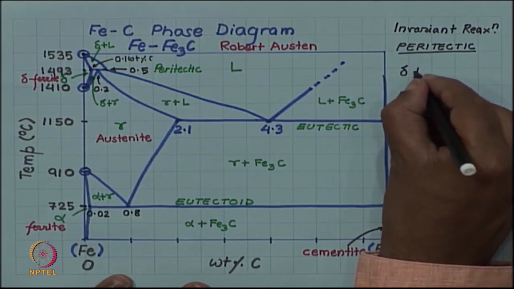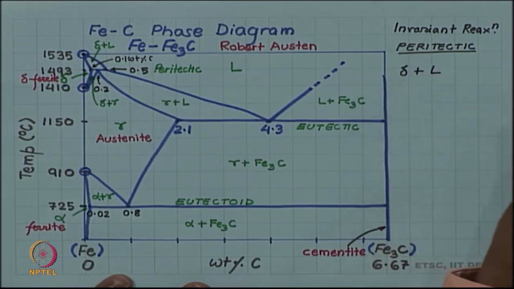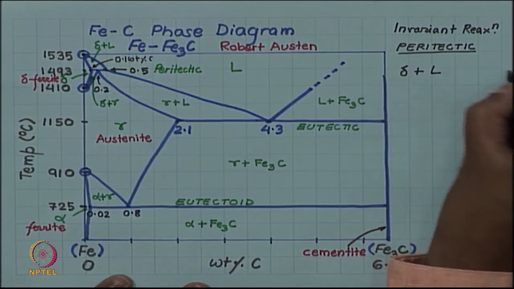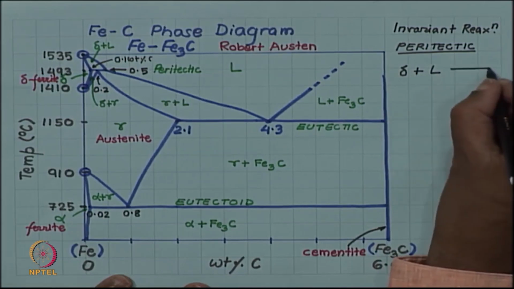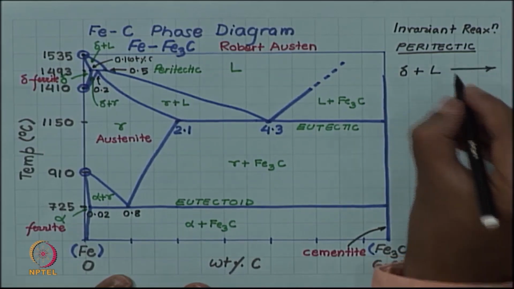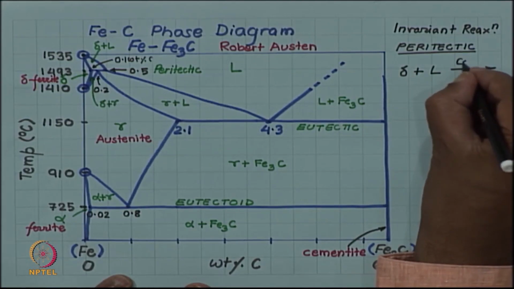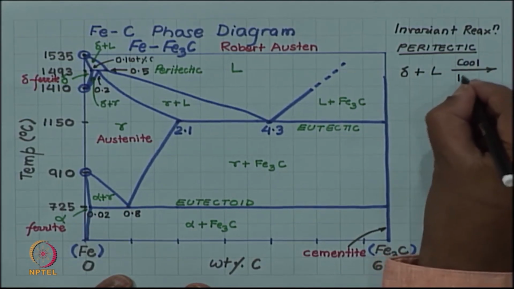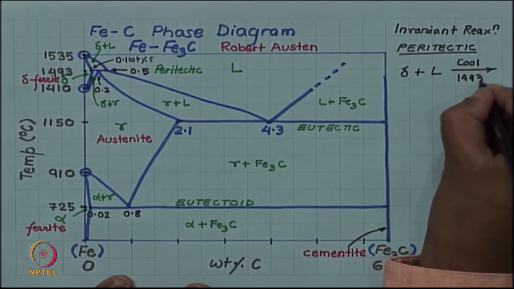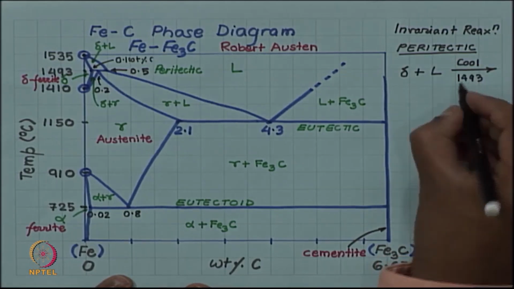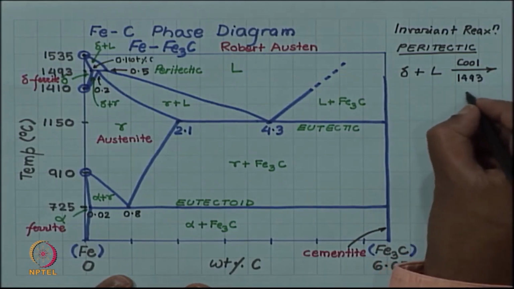So, you have delta plus liquid which transforms, on cooling at a temperature of 1493, into a single phase gamma.